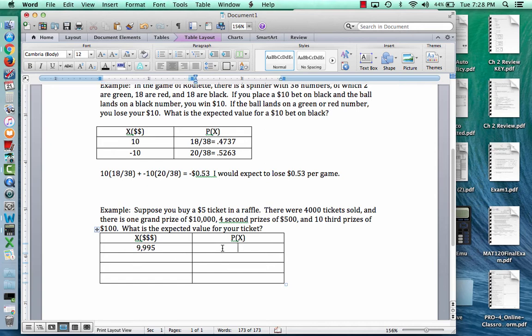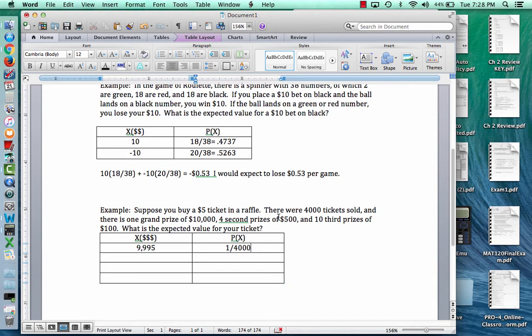And the probability of that happening, remember, we sell 4,000 tickets and only one of them is the grand prize. So there is a 1 out of 4,000 chance that you're going to win the grand prize. Remember, we only have one ticket.